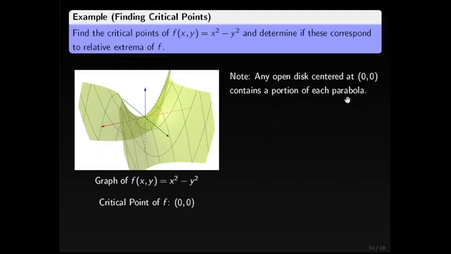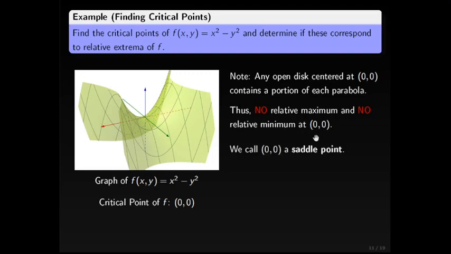Now, note that any open disk centered at the origin contains a portion of the parabola opening down and this parabola opening up. So by definition, f cannot have a relative maximum nor a relative minimum at (0, 0).